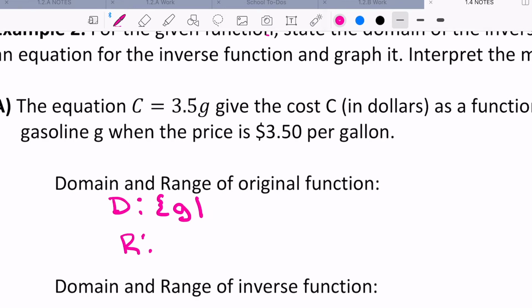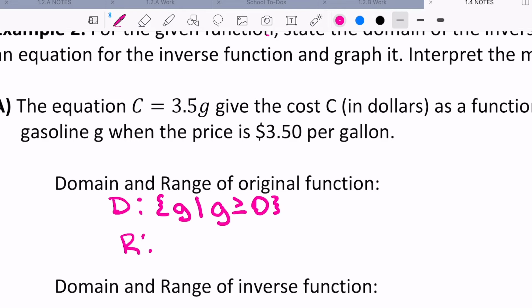When you think about gallons, that means we are fueling, we're putting gasoline into a car or truck or any type of vehicle. We would start counting at 0. Can you put a negative amount of gasoline? Of course not. So our inequality would be G is greater than or equal to 0.